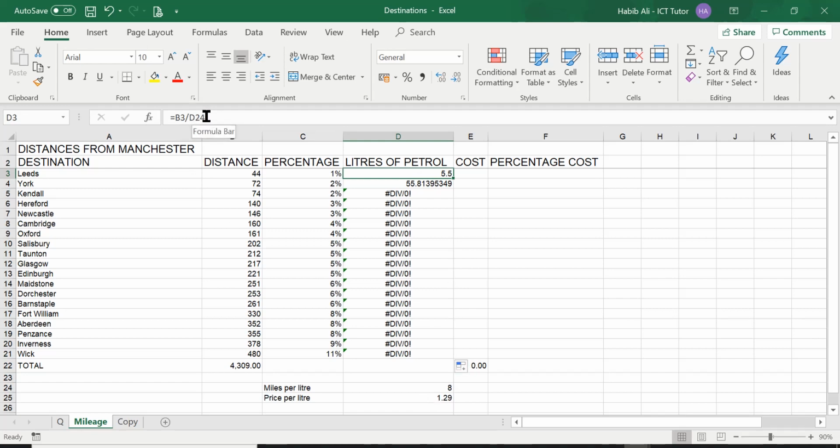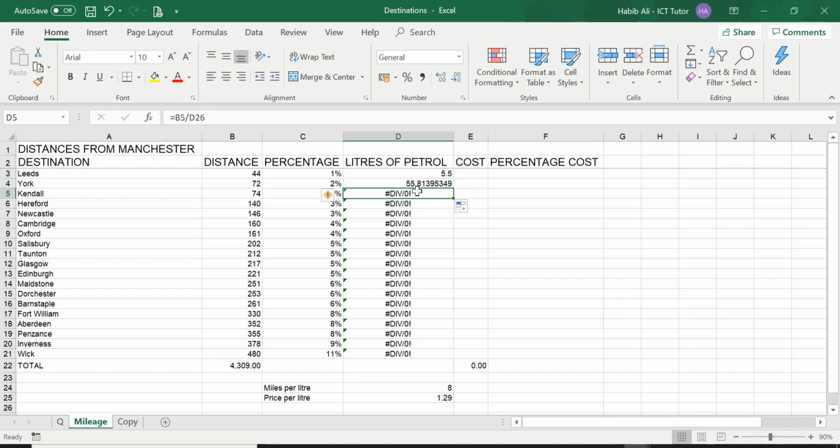So it increases by one cell down because I'm replicating by one cell down. So I repeat, if I replicate into the next one, Excel will change to B4 and this one will change to D25. Naturally, if I replicate one more, Excel will change this one to B5 and this will change to D26.